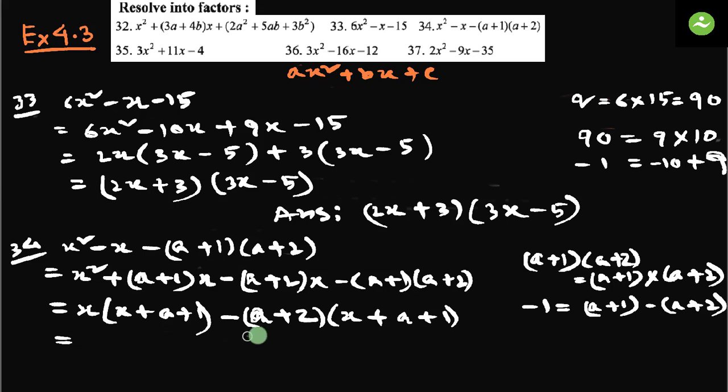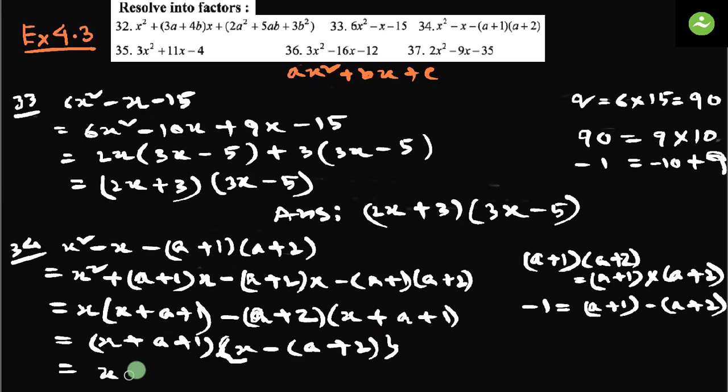Now we get two factors, one is x plus a plus 1, into x minus, we have to use a second bracket here, x minus (a plus 2), equals x plus a plus 1 into x minus a minus 2.